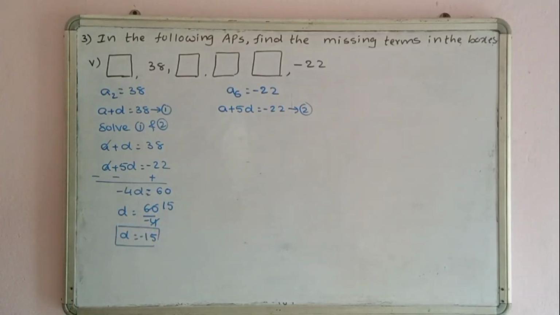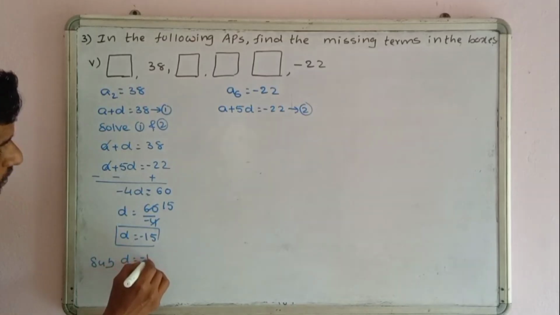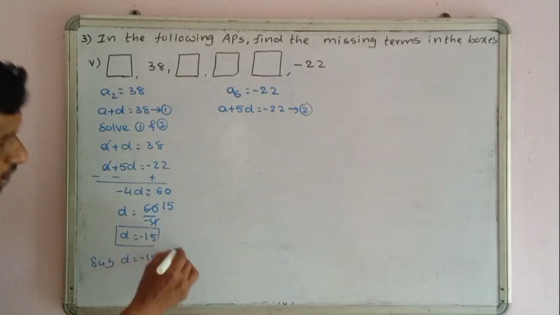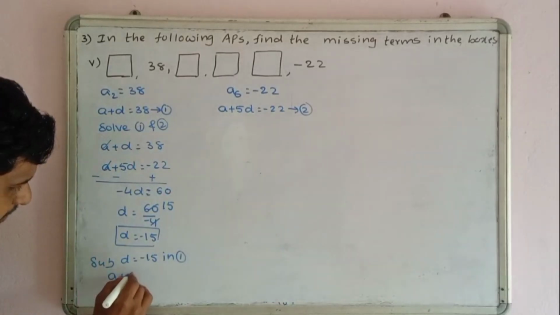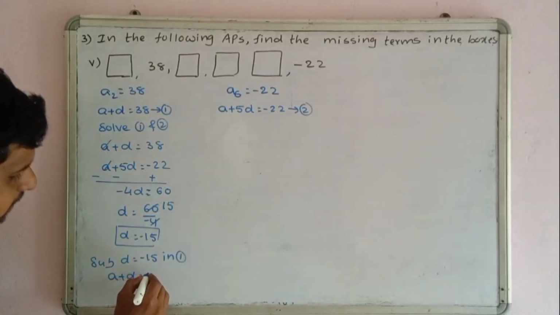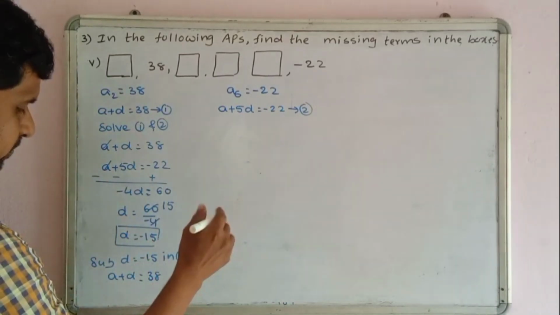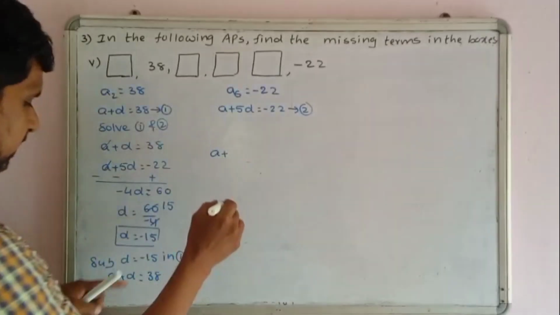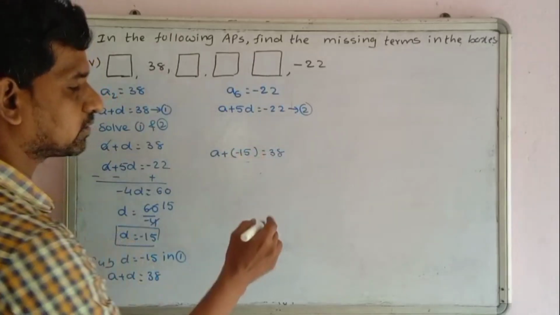Okay. Substitute D equals minus 15 in 1 or 2. What is 1? A plus D equals 38. So A value, we don't know A value, plus D value minus 15 equals 38.